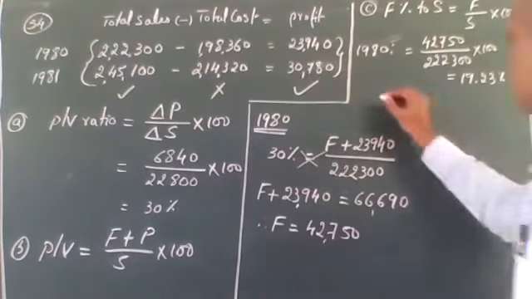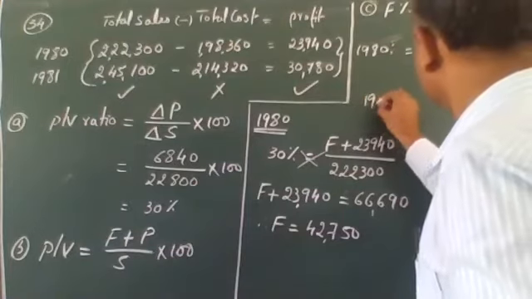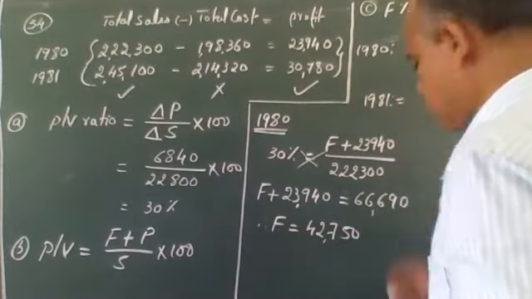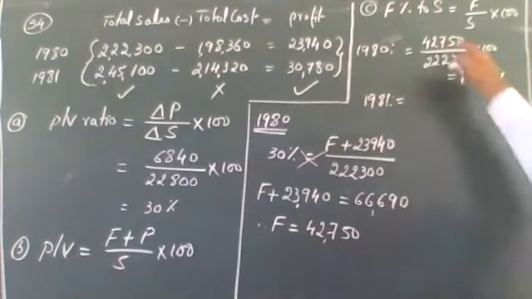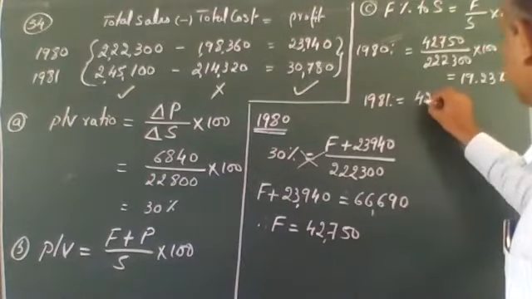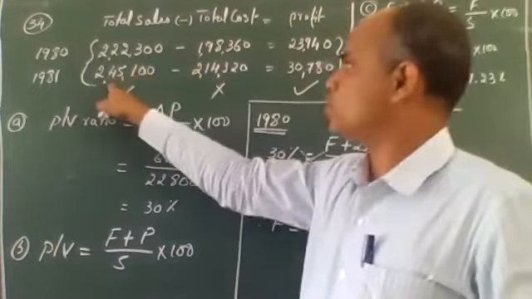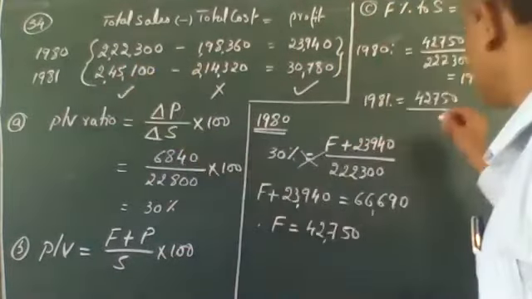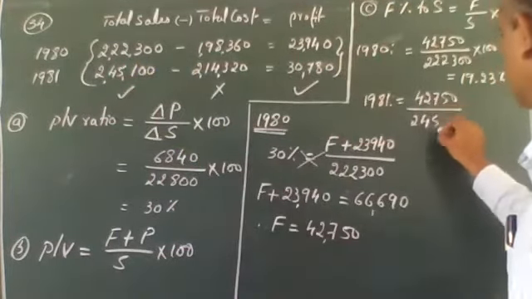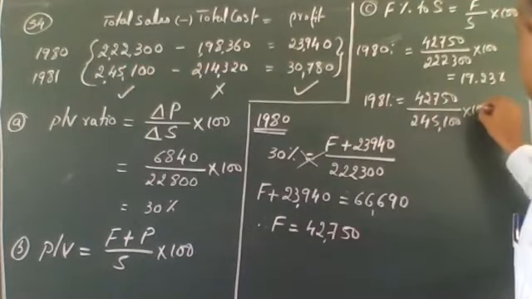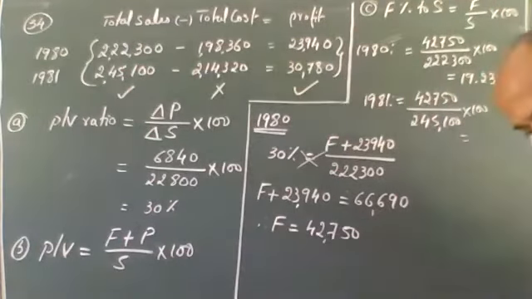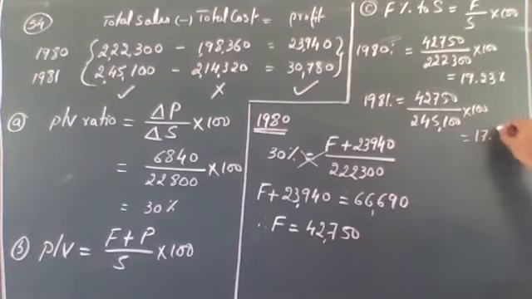And for 1981, fixed cost is again the same 42,750. But the sales figure, instead of taking 2,22,300, I'm now going to take 2,45,100 expressed as a percentage. So this, the answer says, is 17.44%.